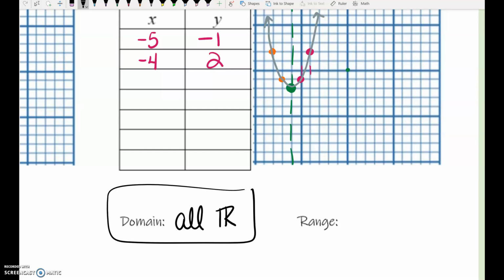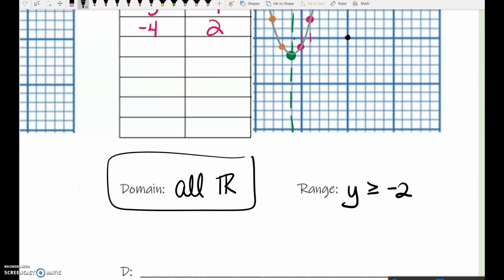The range, however, is going to be a little bit different. Your range is usually y is greater than or equal to 0. If the parabola has a vertex at 0, 0, the range is y is greater than or equal to 0. But this moved down 2, so our range is y is greater than or equal to -2.